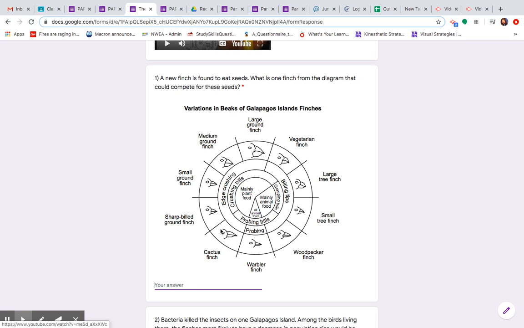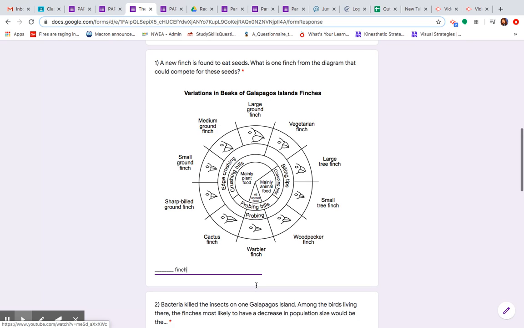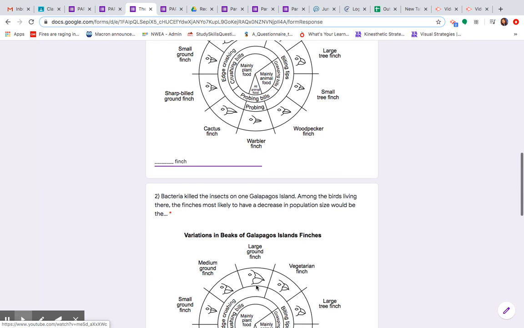So which one of these birds do you think would also compete for seeds based on this diagram? All right, once you've typed your answer, you're going to move on to question 2.